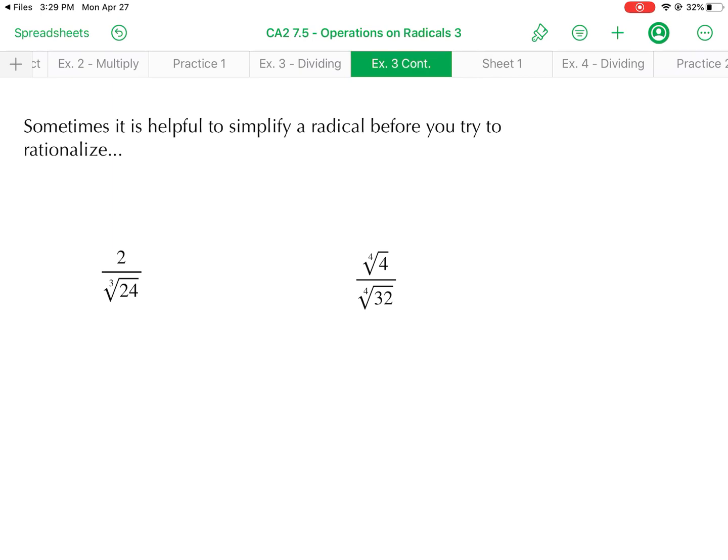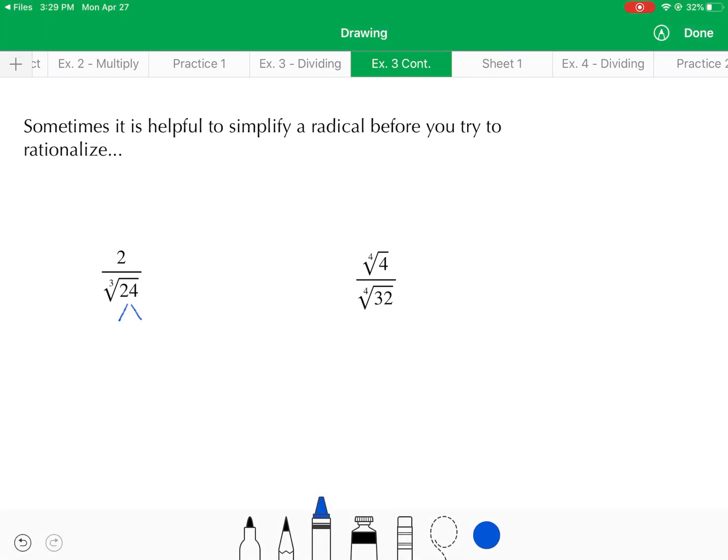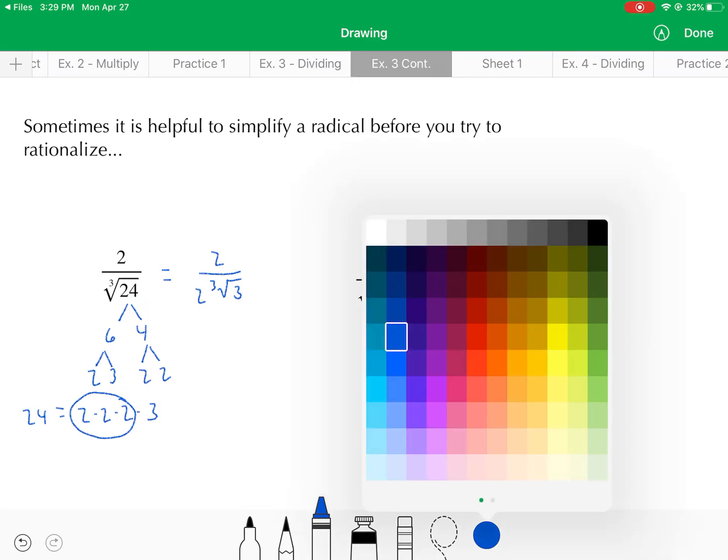The first thing I'm noticing is that cube root of 24, it can simplify, okay? 24, if I make a factor tree, that's 6 and 4, 2 and 3, 2 and 2, so that means 24 is 2 times 2 times 2 times 3, notice there's three twos there that I can pull out, okay? So that means I can simplify this to 2 over 2 times the cube root of 3, okay?